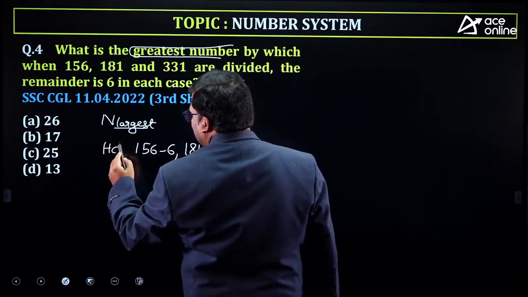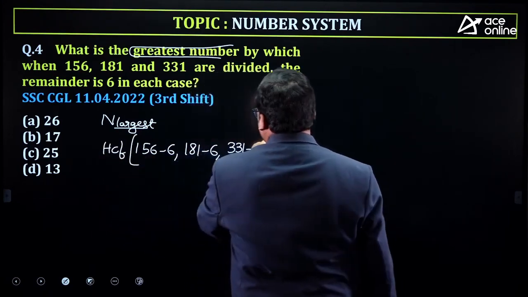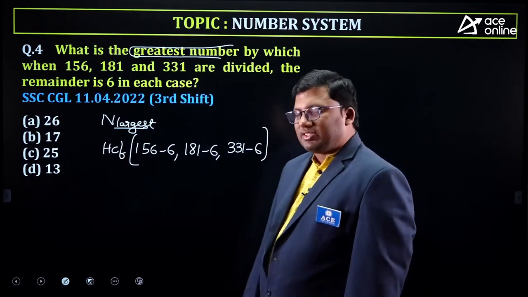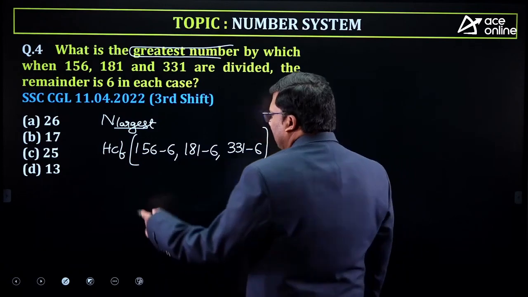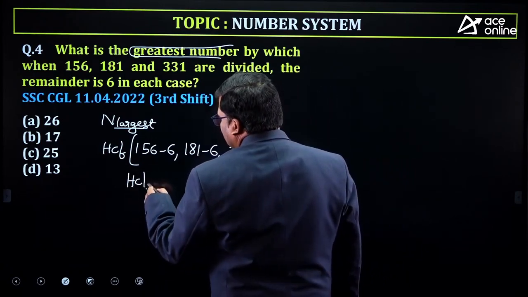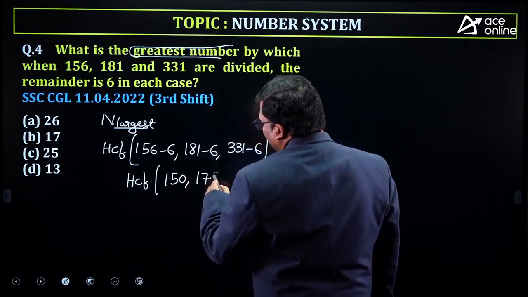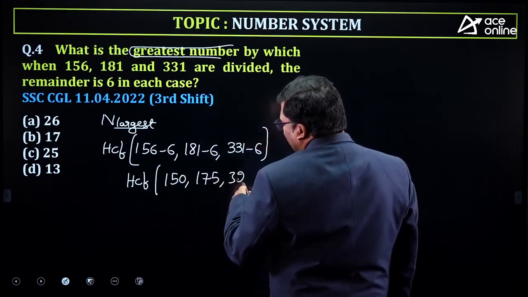Answer is the HCF of these three numbers. 156 minus 6 is 150. 181 minus 6 is 175. 331 minus 6 is 325.